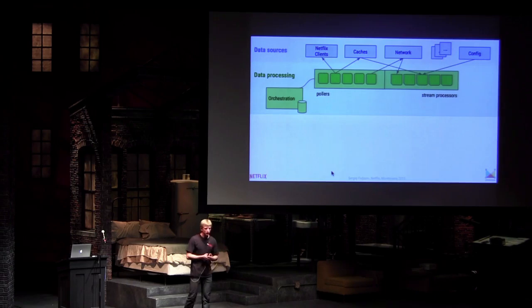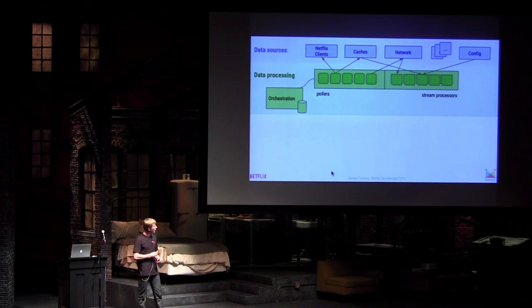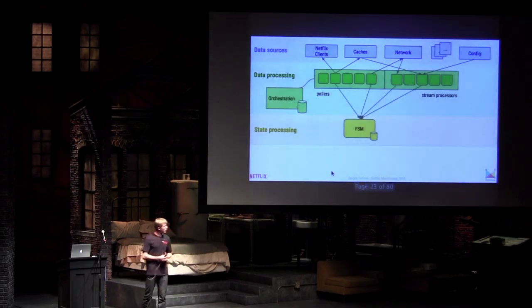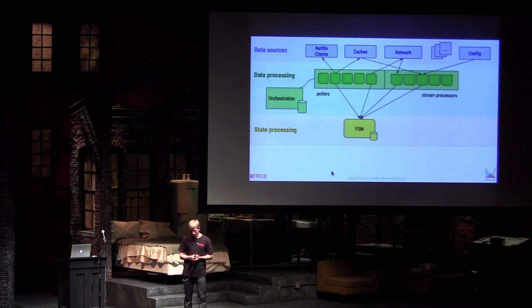We are trying to move to the stream processing model, but for some things it just makes sense to poll. And we have a service that orchestrates the whole process, decides what to run, when to run, and when to stop running it. What's different, and the main difference between traditional systems and what we have, is that we have a dedicated state machine layer.